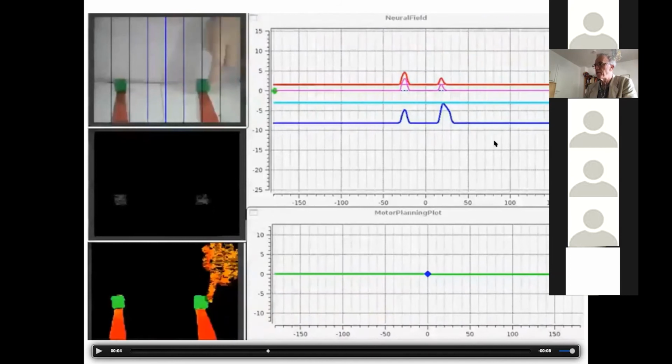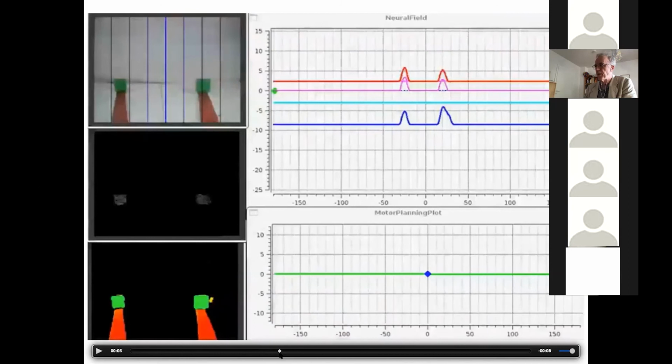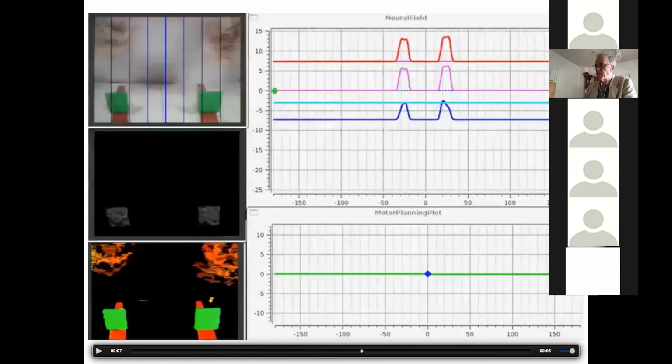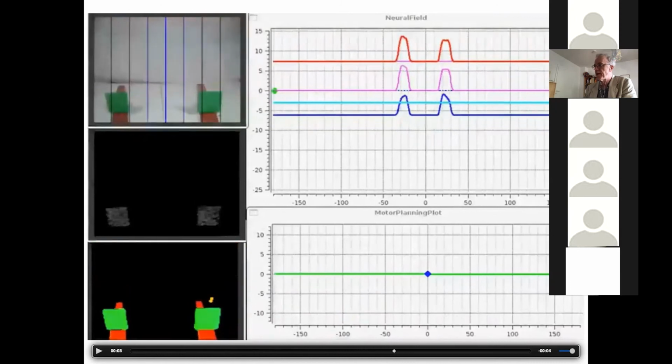So then actually there's a little bit more activation here on the right than on the left due to just a slower decay. And then at some point she moves both of these objects close. There you go. And that gives this field a boost. And as you see, at some point, a selection decision occurs. And now they come through 0 here.